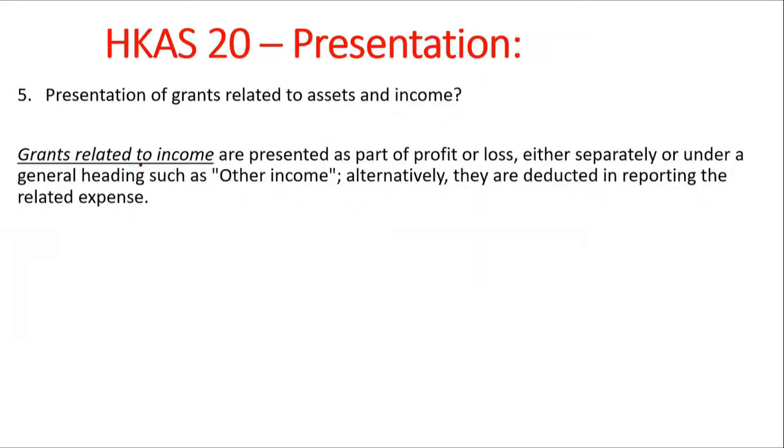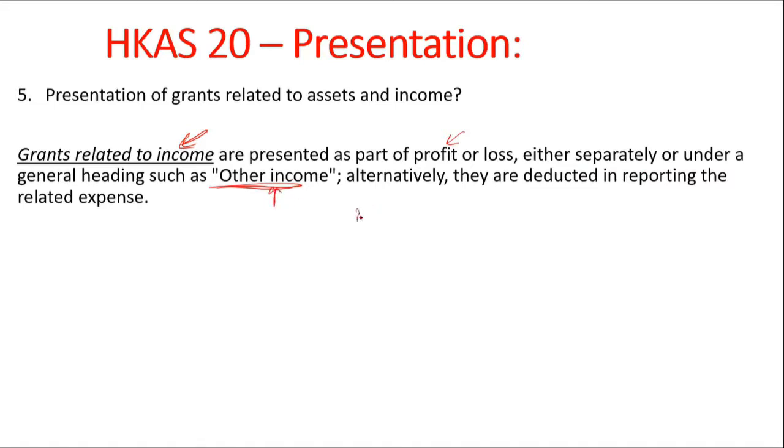Then we have government grants related to income, right? Grants related to income. There's only this method. You can either put it directly in profit and loss, or separately with the heading of other income.